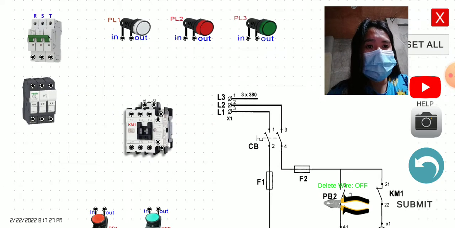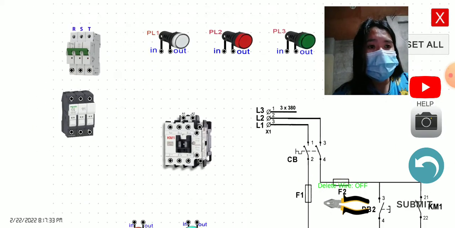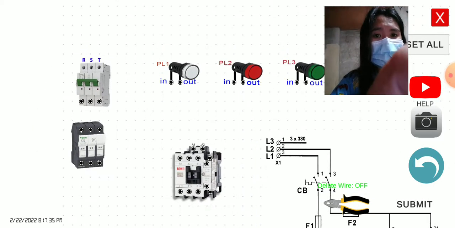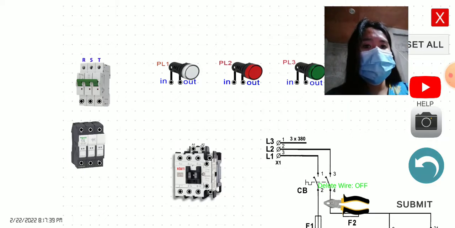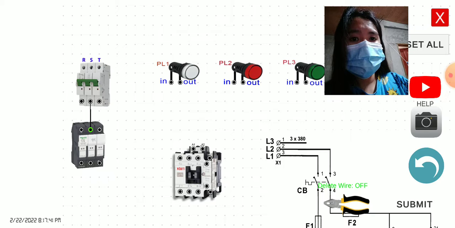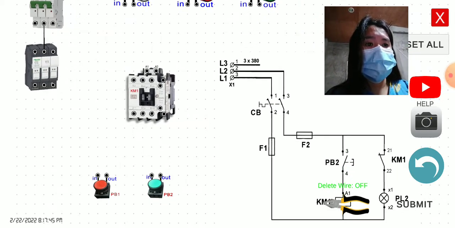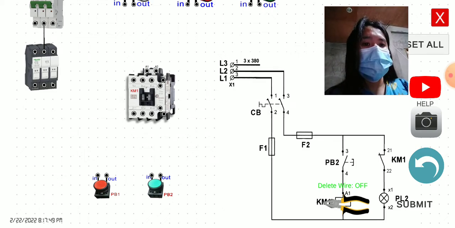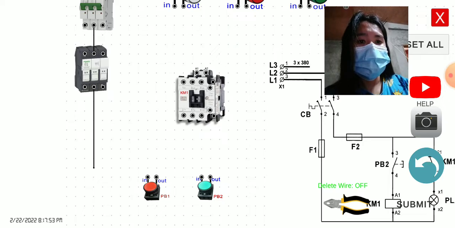So now we will start in our line 2 or the S. Then we will connect it to our fuse 2. And then after our fuse 2, we will connect it into our input of the PB2, which is labeled as number 3. So connect it.